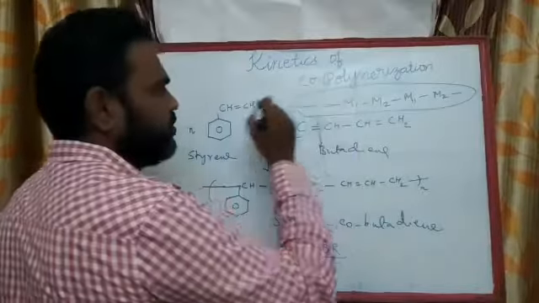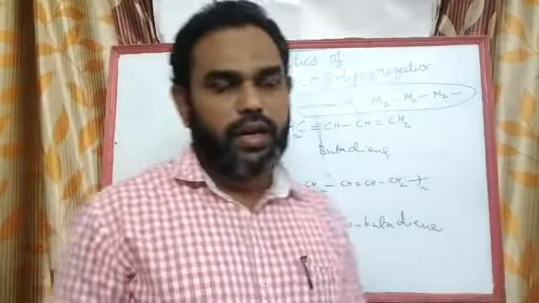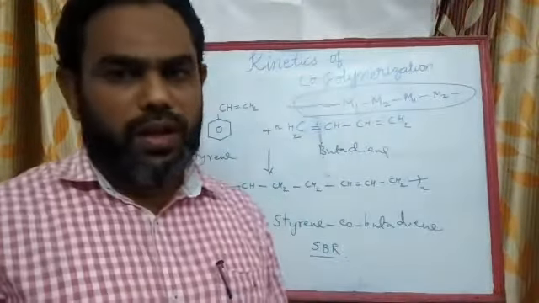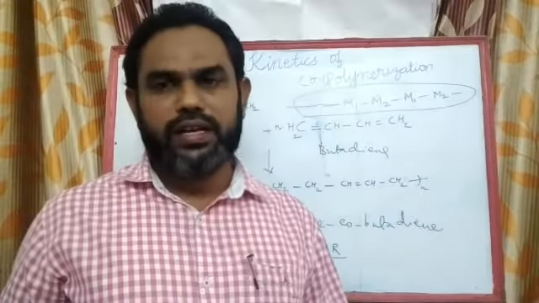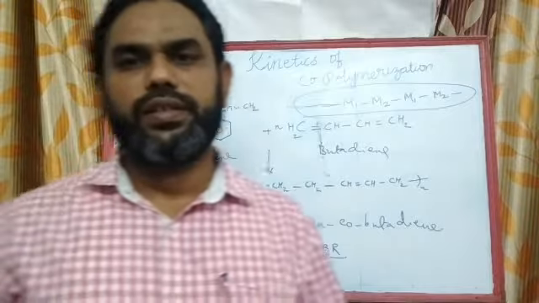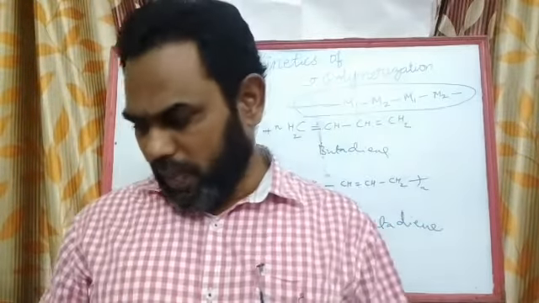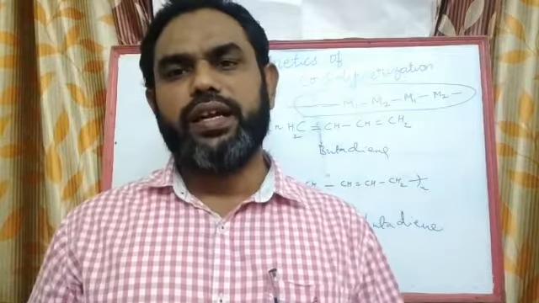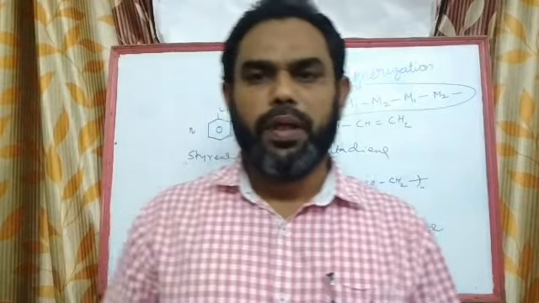This type of polymer is called a copolymer. So we are going to understand the kinetics of the copolymerization reaction. What is the use of studying the kinetics of copolymerization?